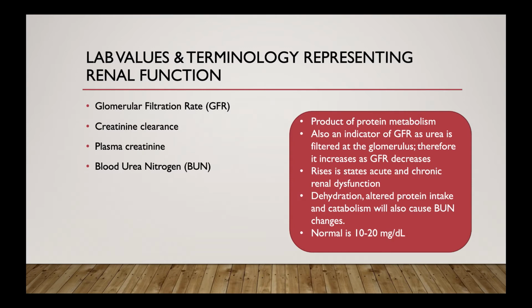Dehydration, the lack of water, somebody vomiting, diarrhea, and altered protein intake or protein catabolism can also cause changes of the blood urea nitrogen, as it is a product of protein metabolism. If you don't have enough protein, you're going to have less urea nitrogen. If you have states of dehydration, you'll be more concentrated, so it may go up. The normal for this is 10 to 20 milligrams per deciliter.